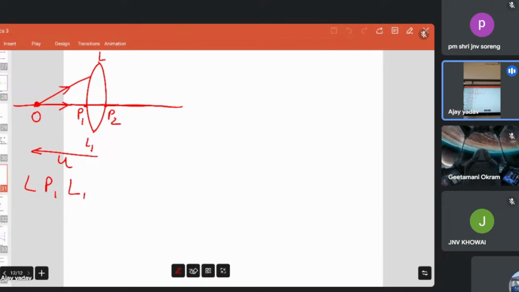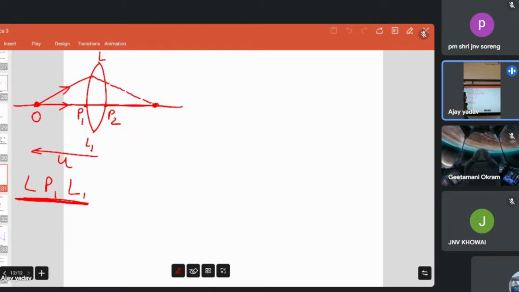At this surface refraction will occur. This is rarer to denser, so light will bend towards the normal and meet here. For this surface only, this is the image.